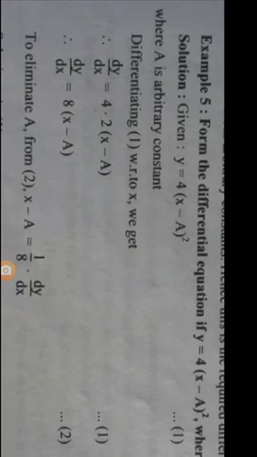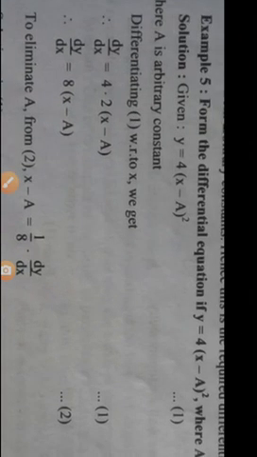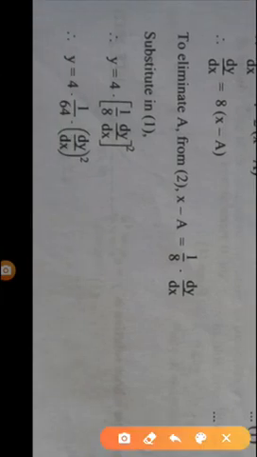and from this equation 2 we can find the value of x minus a, that is x minus a equals 1 by 8 into dy by dx. Now put this value of x minus a in equation number 1, therefore we get y is equal to 4 into, at the place of x minus a, put this value 1 by 8 into dy by dx, whole square.